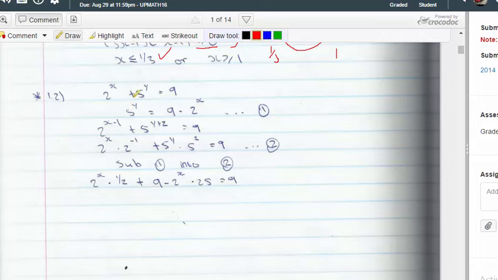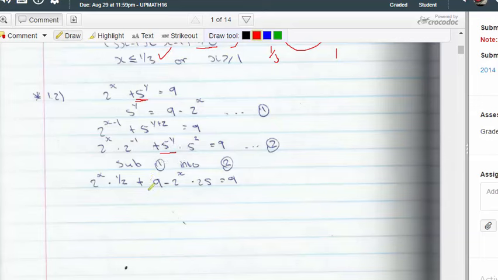What he then instead did is just get 5y on its own, and then in the second equation, to get the 5y plus 2, the 5y can be written as, we can factorize this into 5y times 5 to the power 2. And then he substituted this 5y with the 9 minus 2x. That's what he got here.